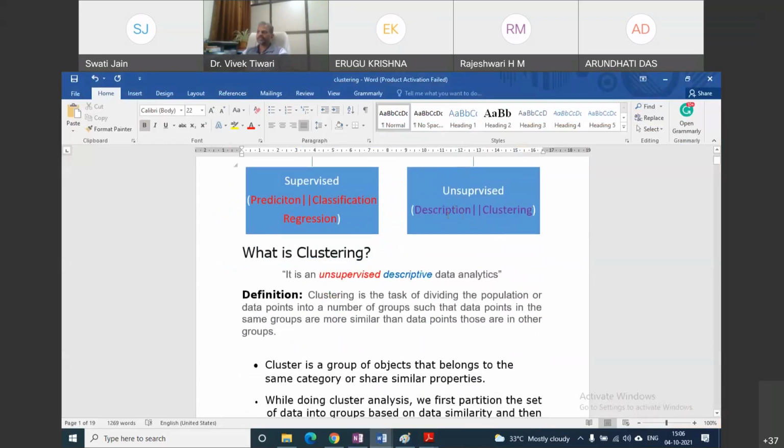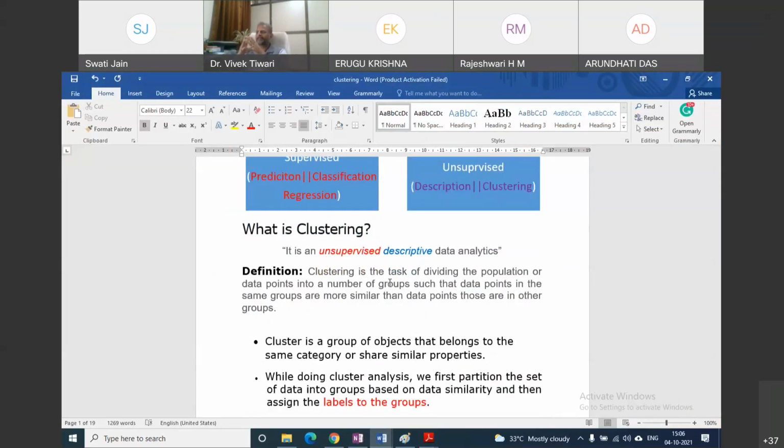We are here today for descriptive data analytics and clustering. If I say directly from Wikipedia or any other book, what is clustering? As we know, clustering is an example of descriptive data analytics, an example of unsupervised learning.